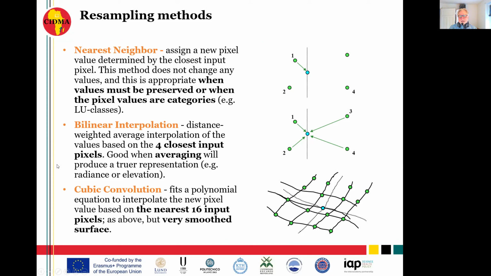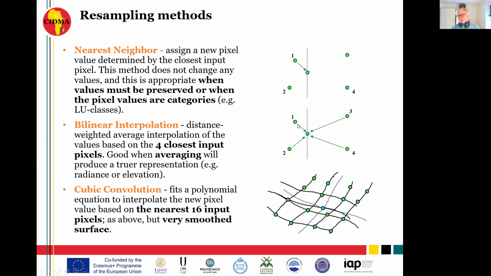The other way is to have a bilinear interpolation to determine the new pixel value. So the four closest pixels from the input will be creating the new value for the new pixel, and it's a distance weighted average interpolation. So it will be recalculated. So this one, based on the distance and the values here, maybe say that this one is 1 and this one is 3.